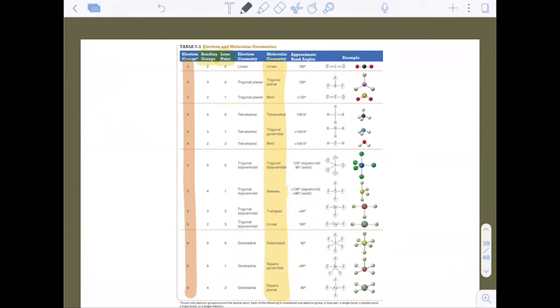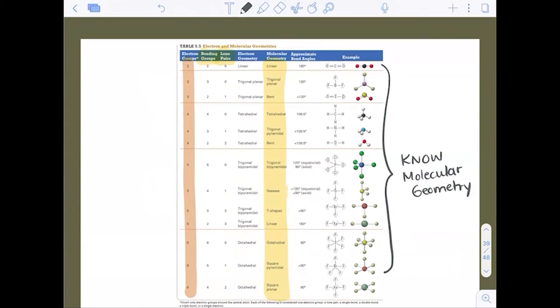Again, you do not need to know how to draw. Know only the molecular geometries and the bond angle. Those would be the most important.